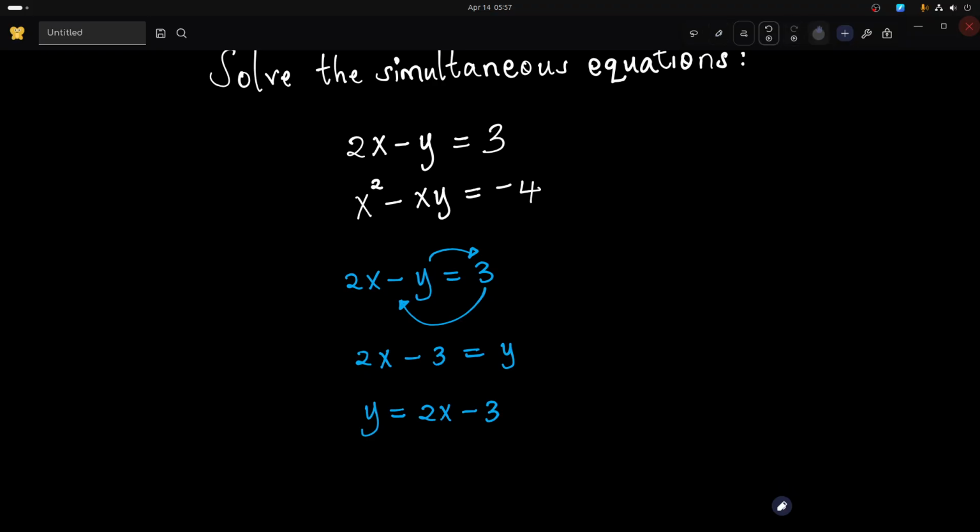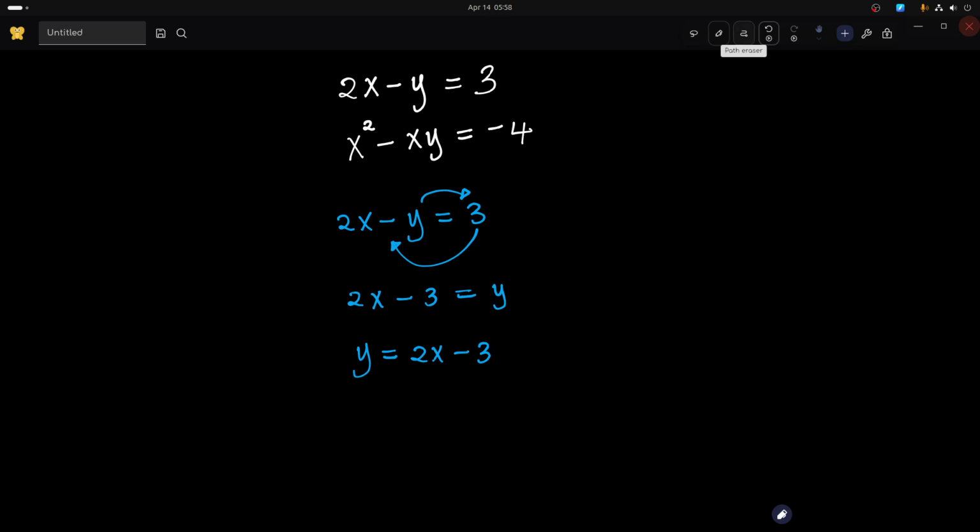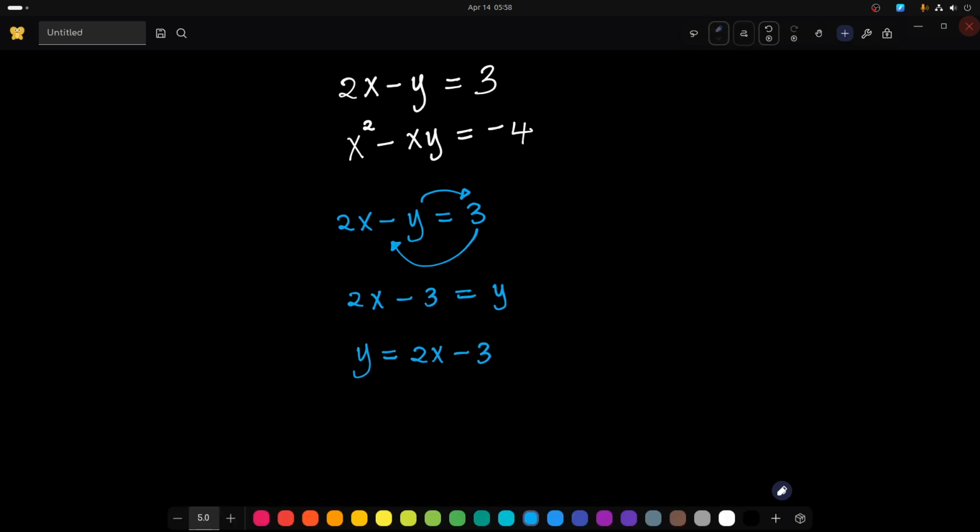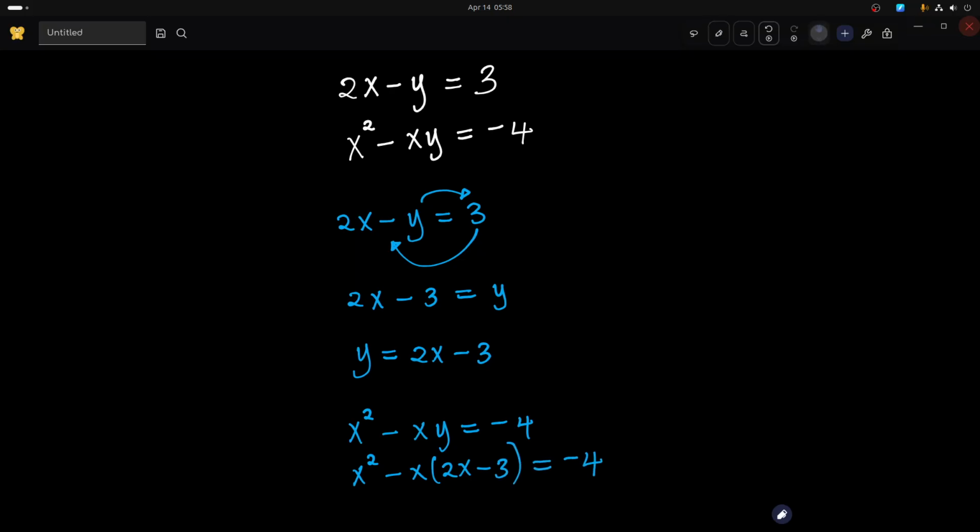So we are going to take x squared minus xy is equal to negative 4, and this is the same as x squared minus x times y, and y is 2x minus 3, and this is equal to negative 4.